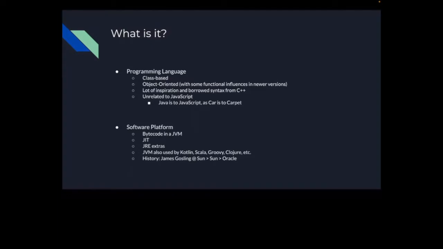So it's finding the balance between the raw performance of compiling your code to something super small that just executes on the machine, and the benefit of being able to run code anywhere, provided you have the runtime environment for it.